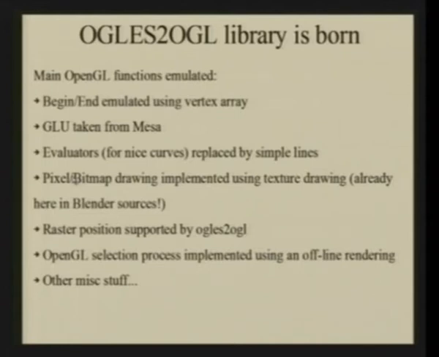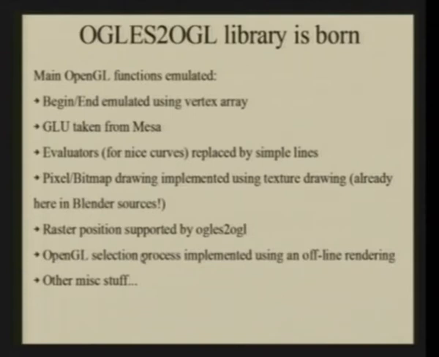And also for the fonts. The fonts are drawn today with bitmap, but there is also in the source code of Blender something to draw them with texture. So that was very good news for me. Then I developed something to support the raster position in OpenGL. That was quite a big point.